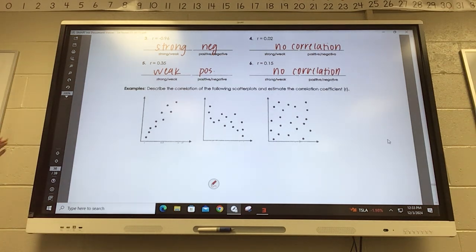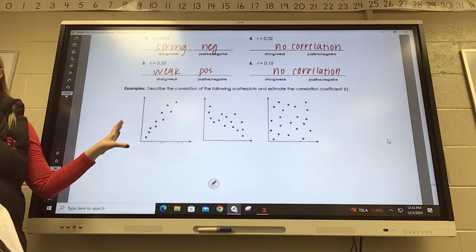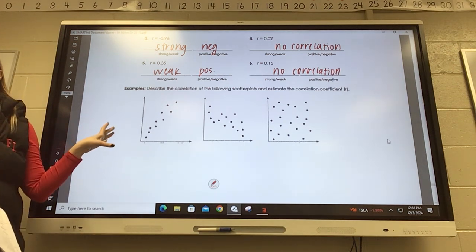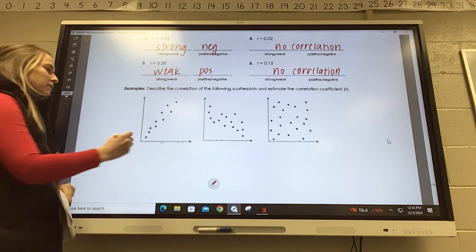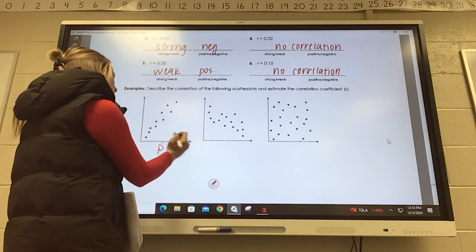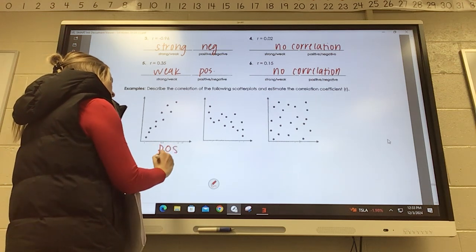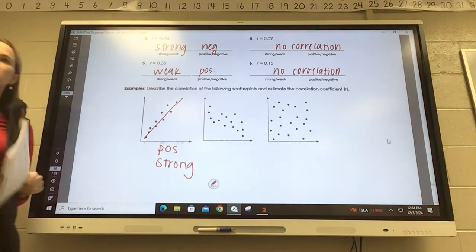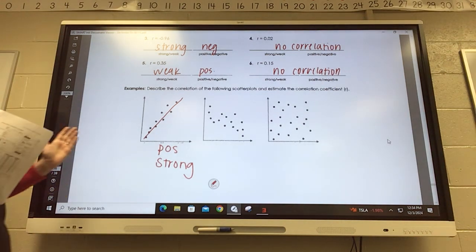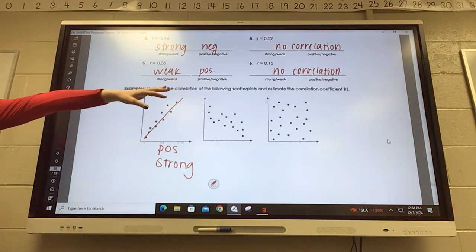So if I look at this first one, would I say positive or negative, weak or strong? So, Gavin, what do you think? Positive, strong. Positive and strong, I agree. Positive because it's going uphill. Strong because your points are really close together, especially compared to the other 2.